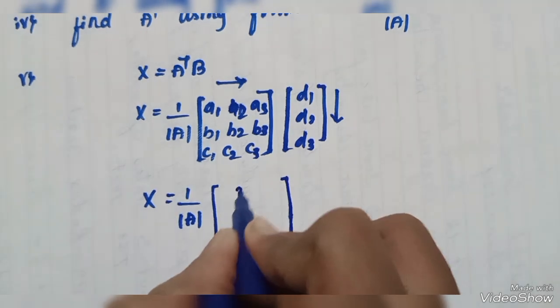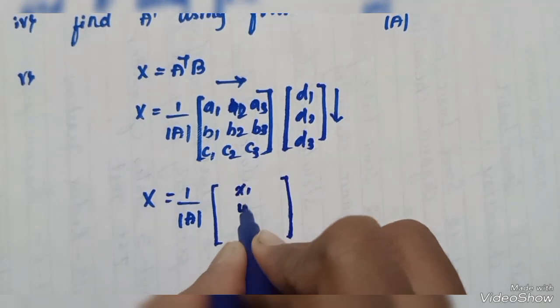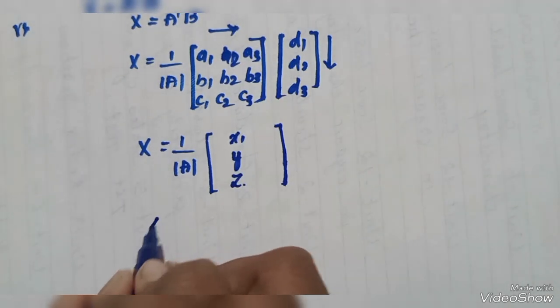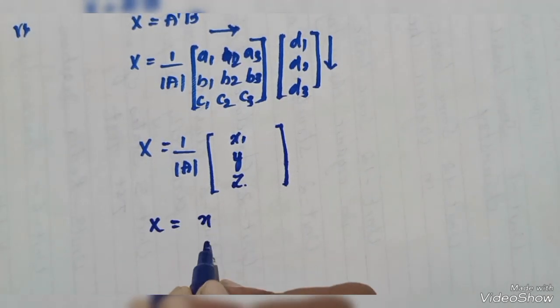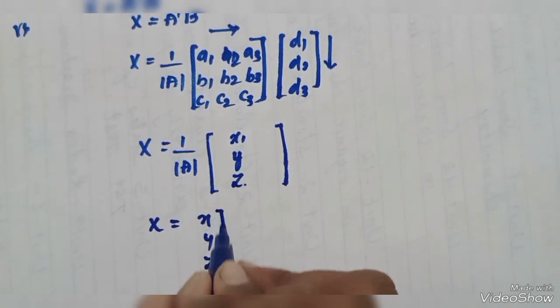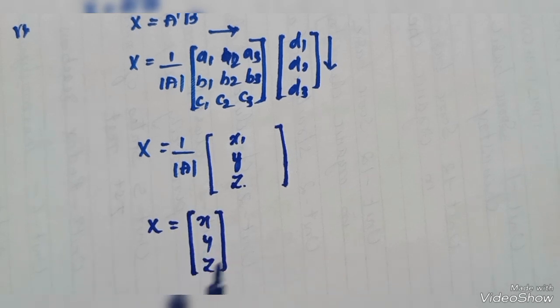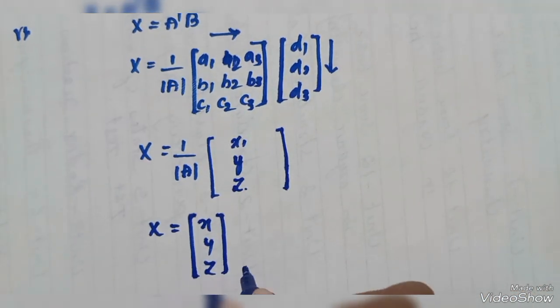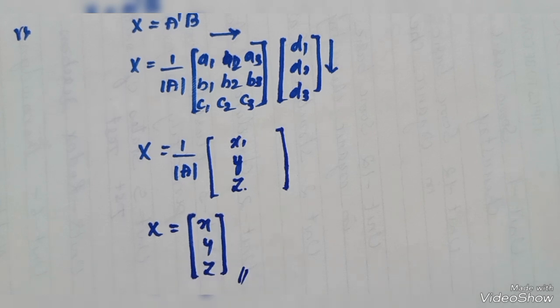Here we get x, y and z, the values of x, y, z when multiplying the A inverse into B matrix. Up to this much, this is the working rule.